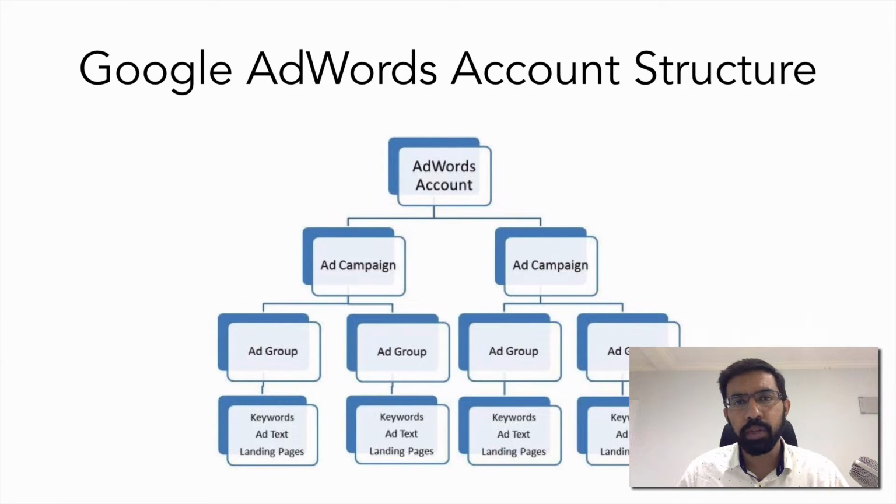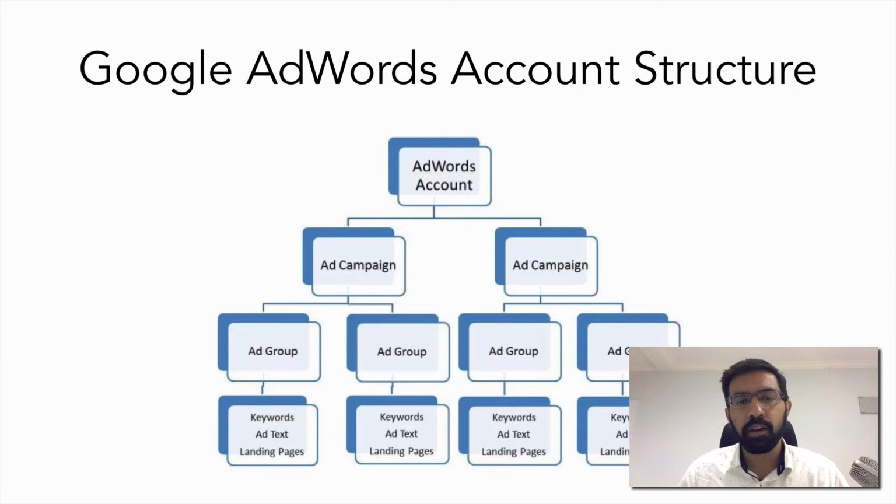Ad groups are basically different sets of ads for the same campaign, but these ad groups have similar themed keywords and similar landing pages. To give you an example, let us say I am running a campaign for promoting a digital marketing course, and there could be two different ad groups. One ad group can have a set of keywords related to digital marketing training and digital marketing courses, which are basically similar themed.